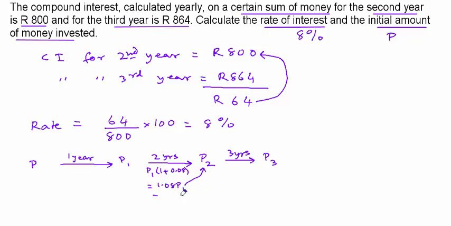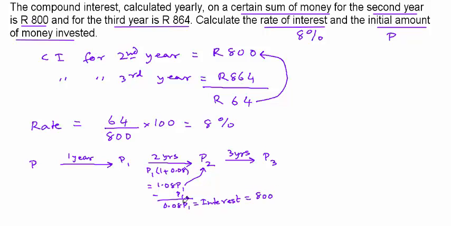If you subtract P1 from that, you get 0.08 P1. And that is nothing but the interest earned over that 1 year from the second year to the third year. And it's given that the interest for the second year is 800 Rand. So this is going to be equal to 800.